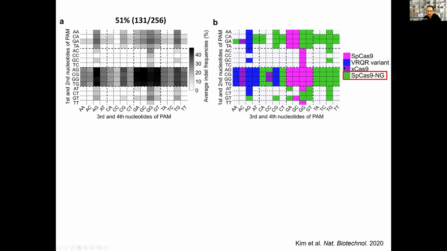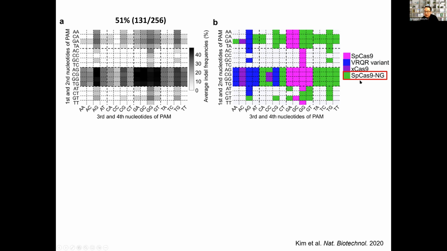And using these variants, we evaluate, but it is not easy to choose which variant to use, because the PAM sequences of these variants often overlap. So using oligonucleotides generated from Twist Bioscience, we generated a Cas9 library to evaluate Cas9 nuclease activities, and using that library, we evaluated these Cas9 variants with different PAM compatibilities.